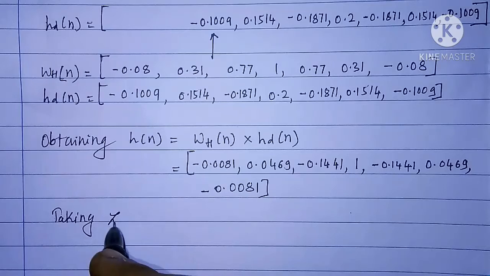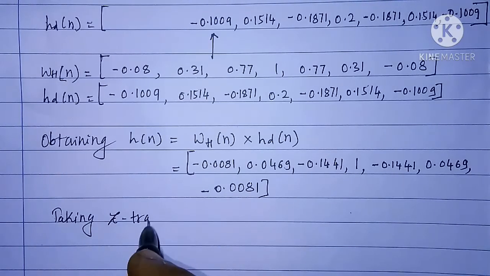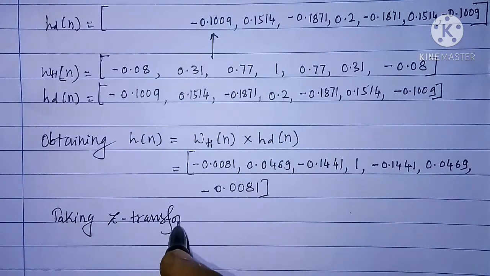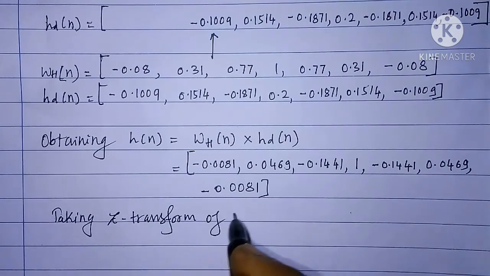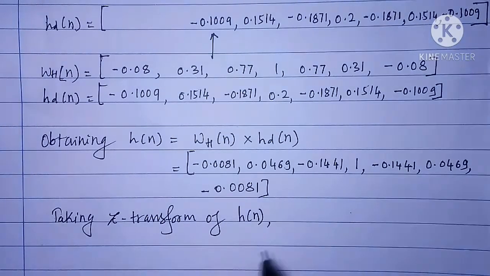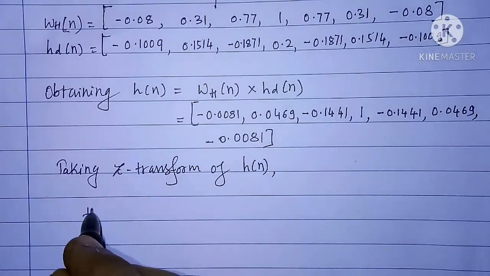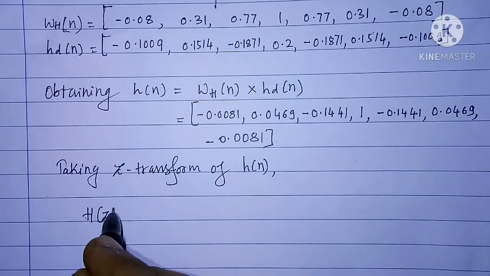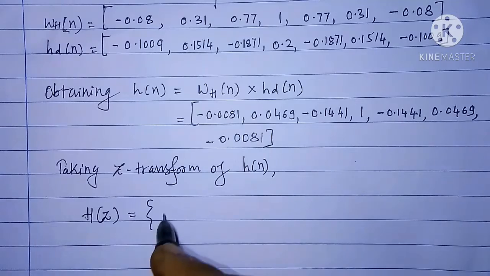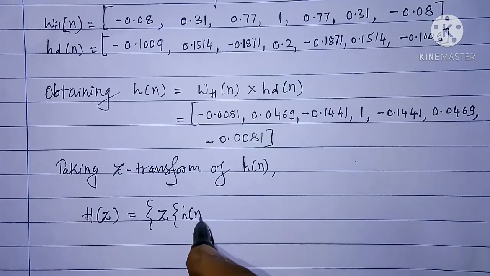Taking Z transform of H of n, we get H of Z, that is Z transform of H of n.